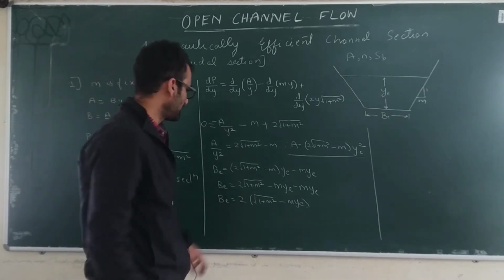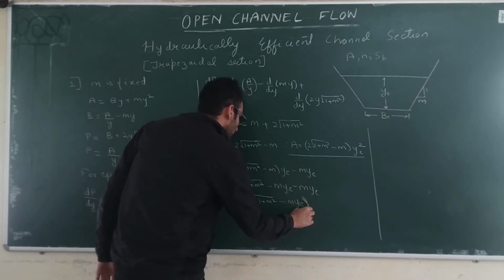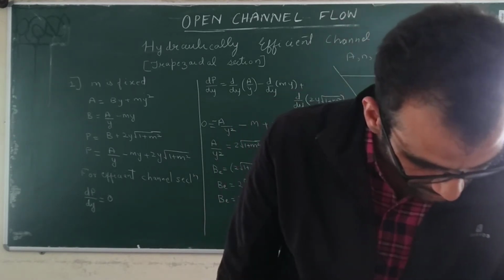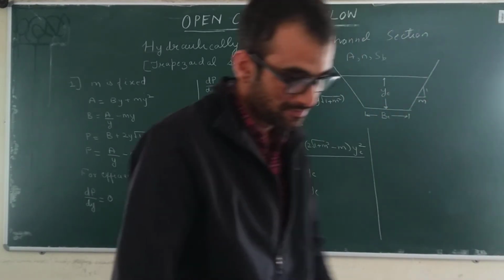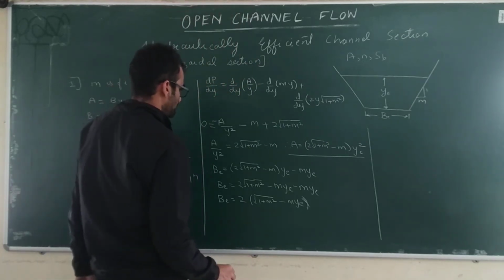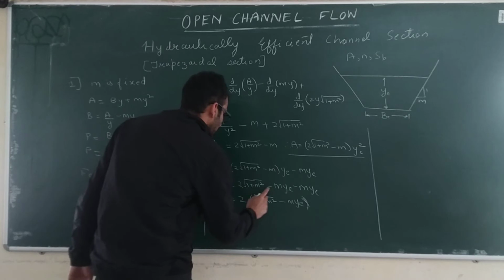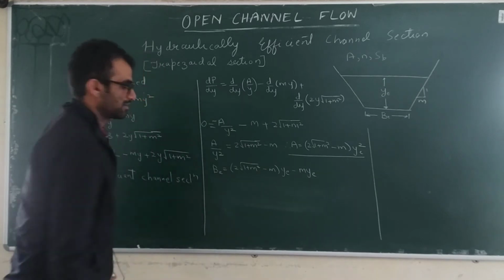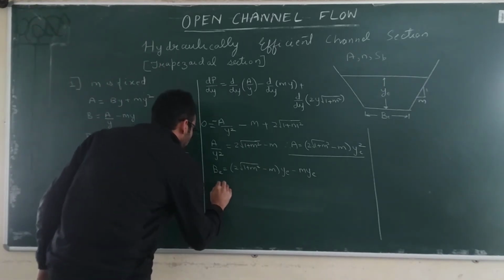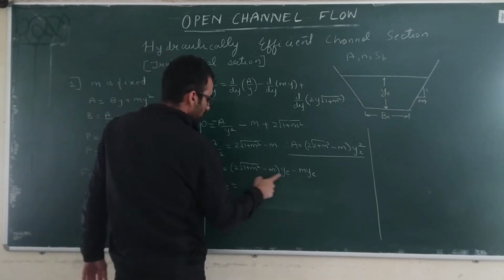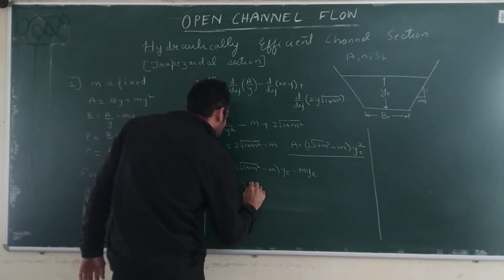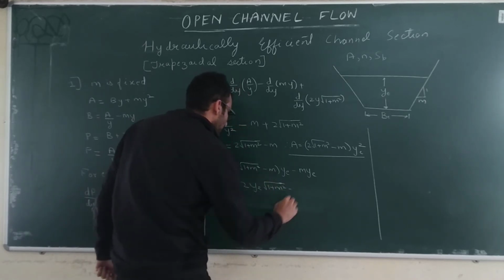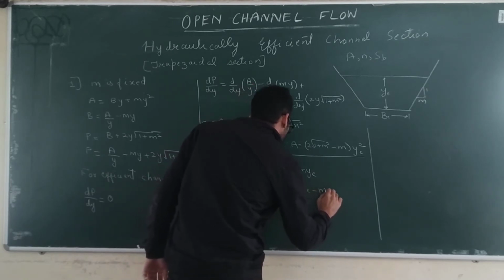Because 2 I can take common. I'll just check this. Oh, so there is one mistake. Basically, when we simplify this, we should multiply it by ye also, so it will be twice ye under root 1 plus m square minus MYE minus MYE.